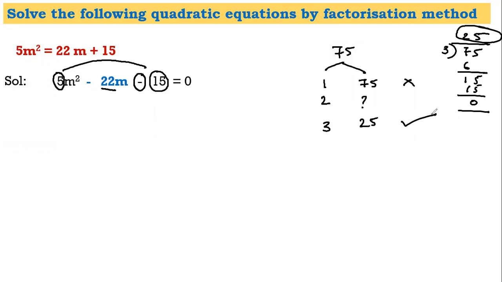Now comes a very important step, the fifth step, that is giving them signs. As I told you, if a sum is based on addition, it has a different rule. If a sum is based on subtraction, it has a different rule. How do I know whether the sum is based on addition or subtraction? Based on the last number sign. Now, since here the last number sign is minus, we have to follow the subtraction rule.